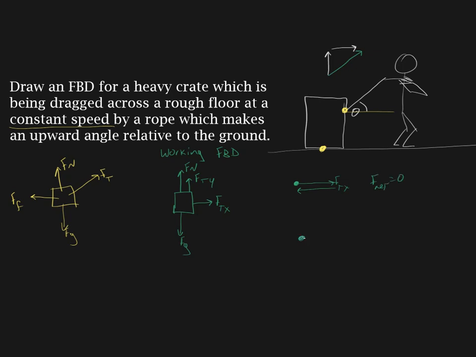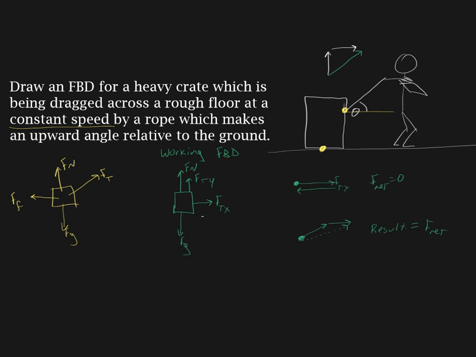But if I have a situation where, let me just draw two random vectors, 1 and 2, and then we have a resultant vector, the resultant tells us that we have a net force. Okay? And we know that there is no net force because it's a constant speed.